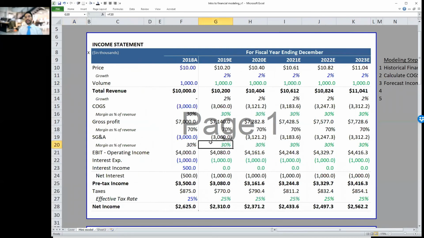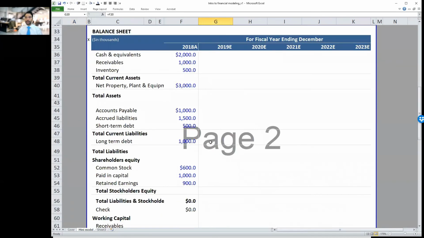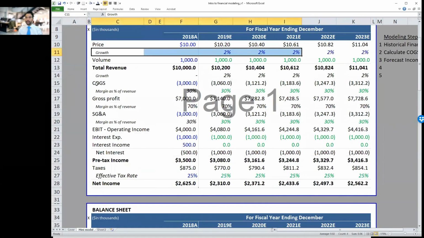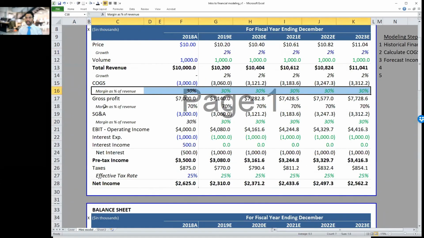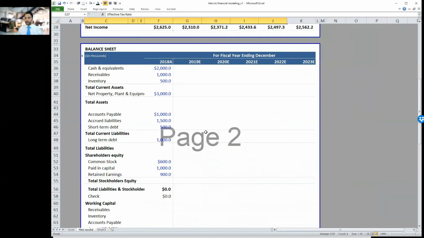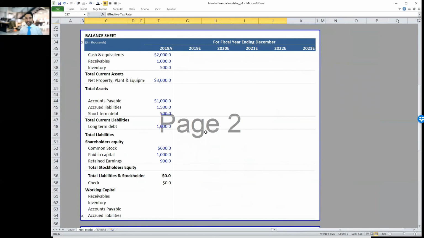Okay? Then the next step is to forecast our balance sheet. Now, with the income statement, we had our drivers, right? Revenue, cost of goods sold margins, SG&A, and effective tax rate. With the balance sheet, we can follow the same concept or the same principles, but we're using different line items. With the balance sheet, we're looking at working capital ratios.